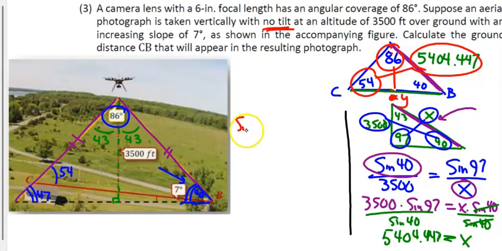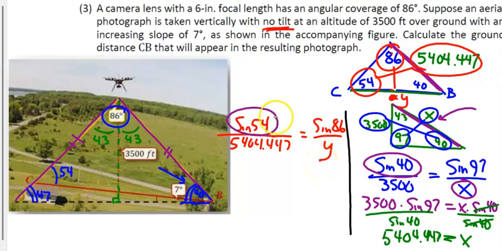So the sine of 54 degrees over 5,404.447 is equal to the sine of 86 degrees over Y. Cross multiply. So 5,404.447 times the sine of 86 degrees is equal to Y times the sine of 54.